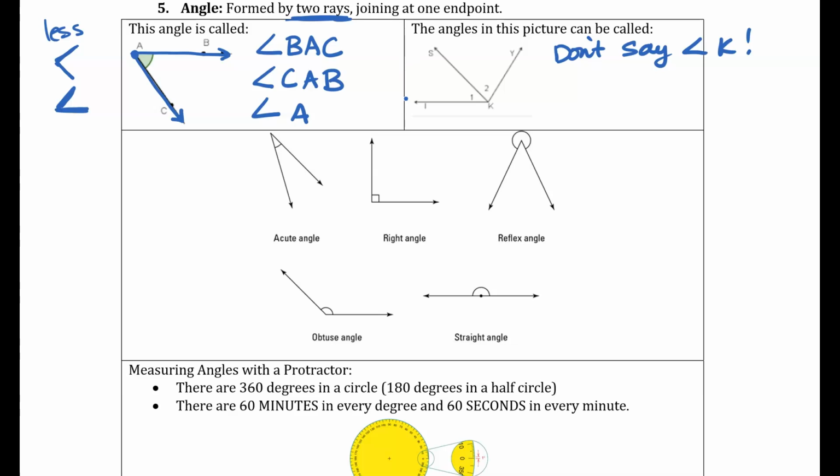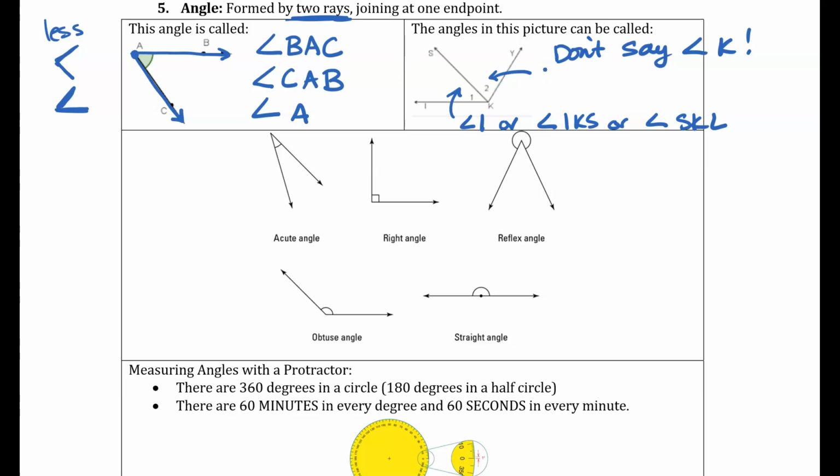If there are numbers inside of the angles, like here, you can say angle 1 and angle 2. So you can call this one right here angle 1, or you could call it angle LKS, or you could call it angle SKL. You've got some different options.